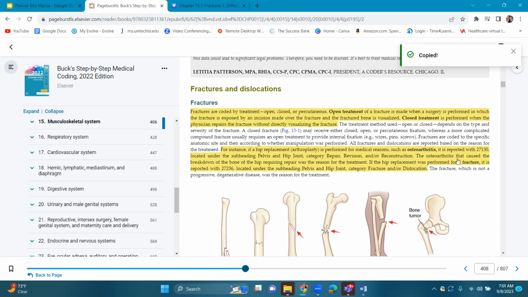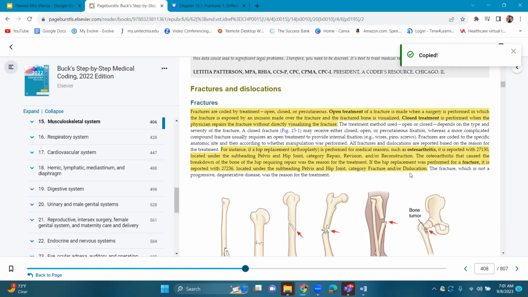The osteoarthritis that caused the breakdown of the bone of the hip requiring repair was the reason for the treatment. If the hip replacement was performed for a fracture, it is reported with 27236, located under subheading pelvis and hip joint, category fracture and/or dislocation.